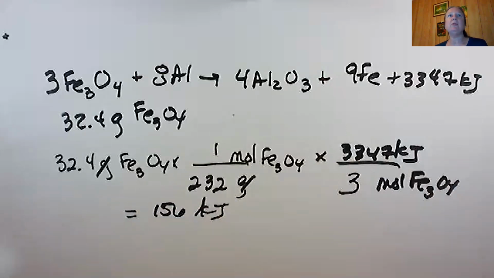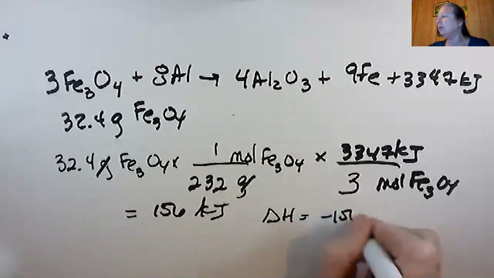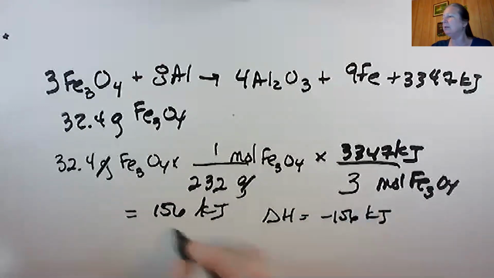Now, the question says calculate the heat liberated. So it gives it as a negative. So if you were writing as delta H, the change in energy of this reaction, it would be negative 156 kilojoules. Because this is the amount of heat released as a product.